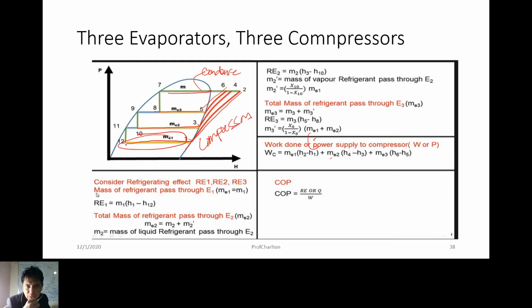Then take evaporator 2, with mass 2 flowing through this evaporator. The highest energy is between 3 and 10, so take 3 and 10. And then for evaporator 3, it is 5 and 8.